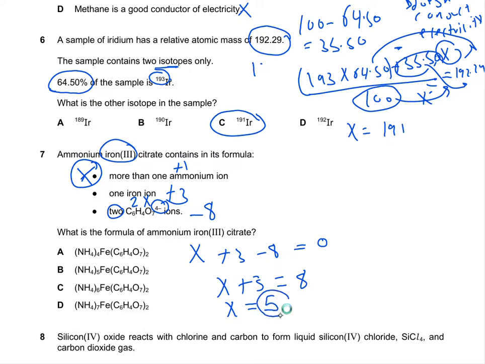So we need 5 ammonium ions in this compound. The charge of the ammonium is positive 1, so to reach 5 we need 5. So the formula of ammonium iron 3 citrate will have 5 ammonium, so B is the compound that has 5 ammonium, so the answer is B.